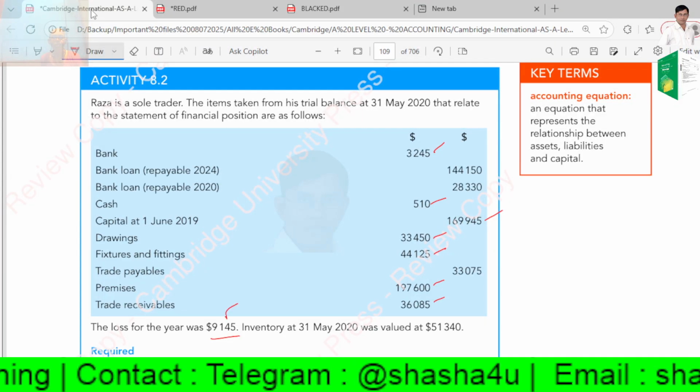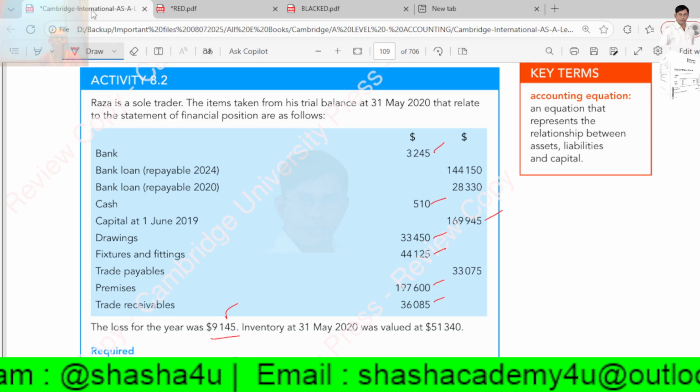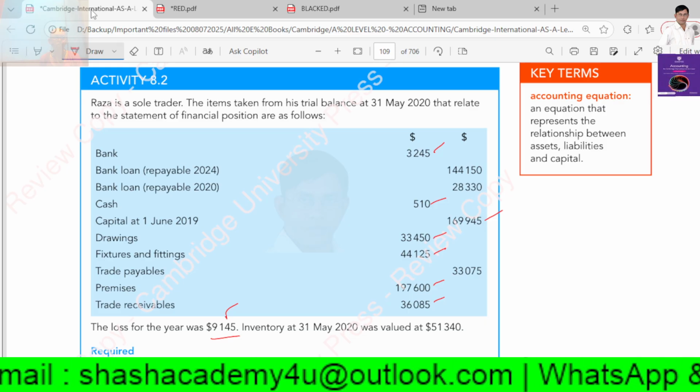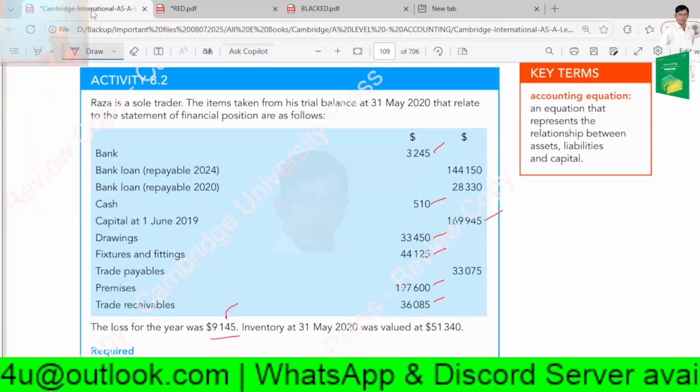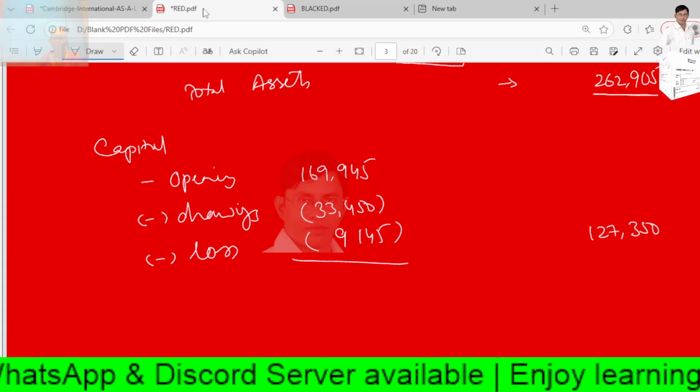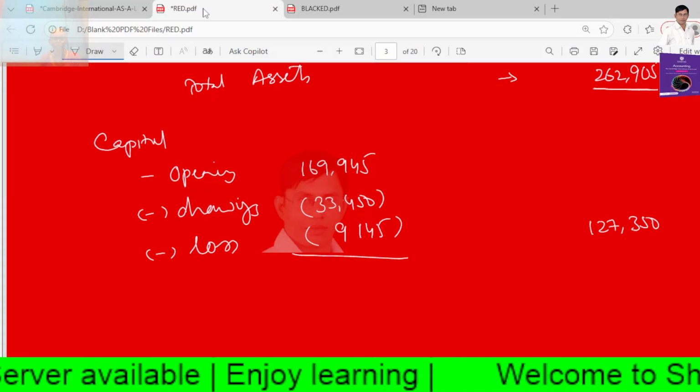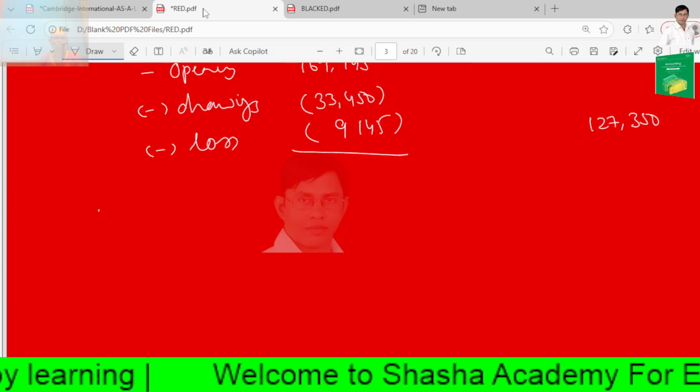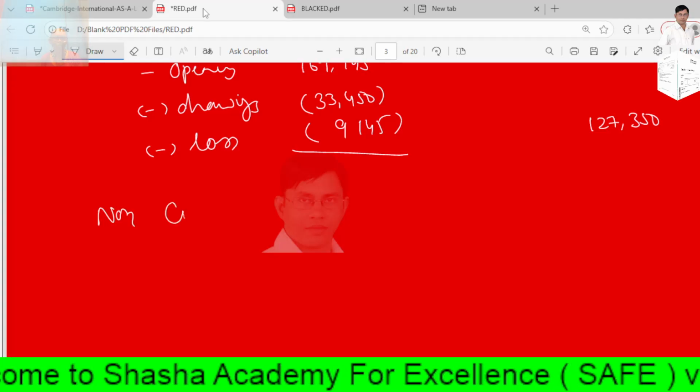Everything is done. So what is remaining? Bank loan repayable and trade payables. Now we have to write non-current liabilities.